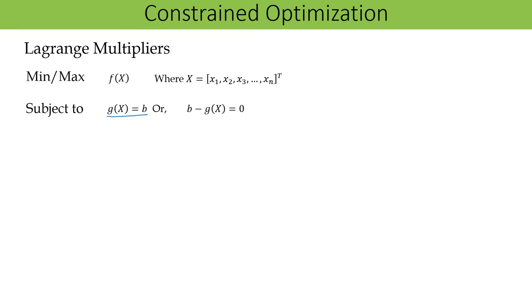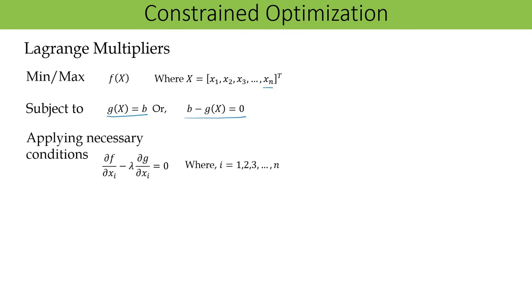So the Lagrange function, in this case, is for minimization or maximization of fx. Now I have n variables, and I can write gx equal to b, or b minus gx equal to 0. If I apply the necessary condition, what is the necessary condition? It is del f by del xi plus lambda times the constraint function.